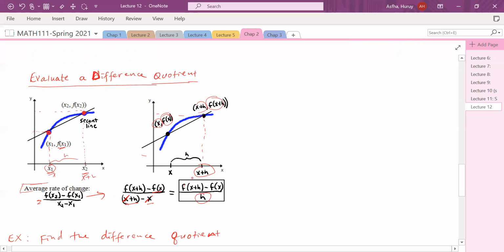And as you can see, this h is this distance, the difference between these 2 points, okay? So this is what we call the difference quotient. Okay? This is what we call the difference quotient.